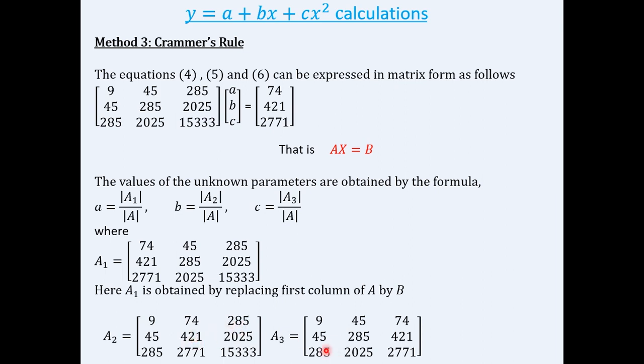A3 is the matrix obtained by replacing third column of A by B, that is A3 is equal to matrix this one. Then we can solve A, B and C using this formula. This is the Cramer's rule. Any method we can use for solving A, B and C.